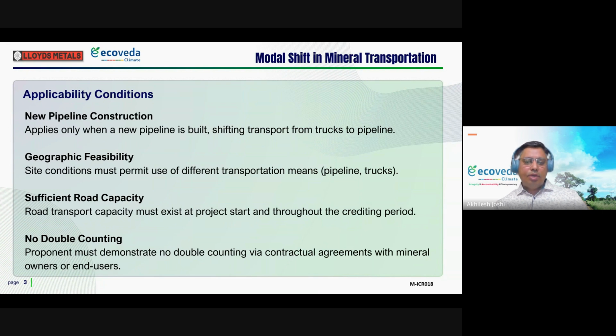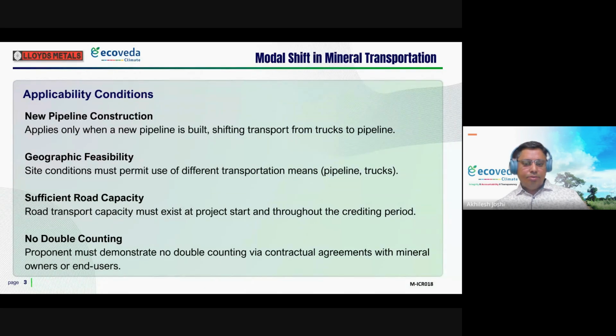There may be other feasible ways, but here we have devised this methodology considering that the mines are inland mines located in remote areas where the only way to transport the minerals from mines to the processing facility is via road using heavy trucks. One of the more crucial applicability conditions is that there should be sufficient road capacity available.